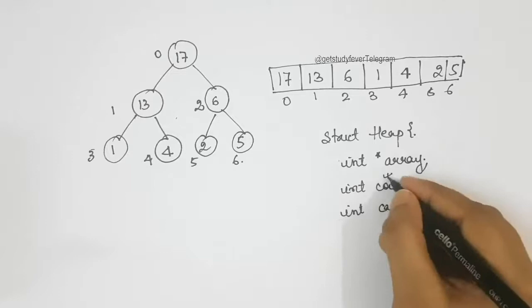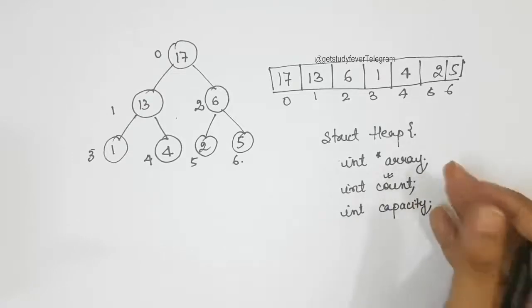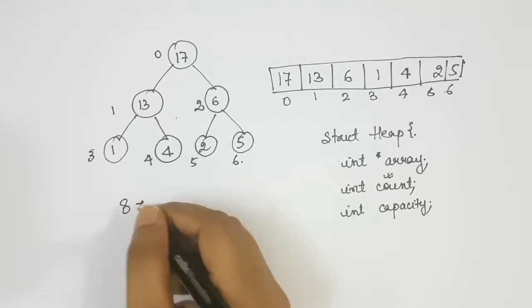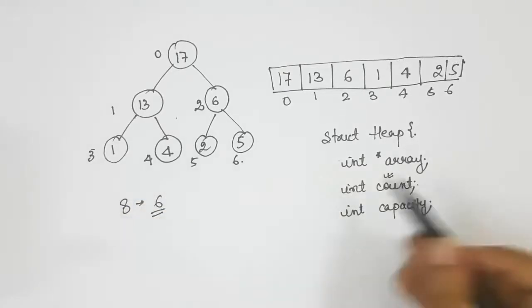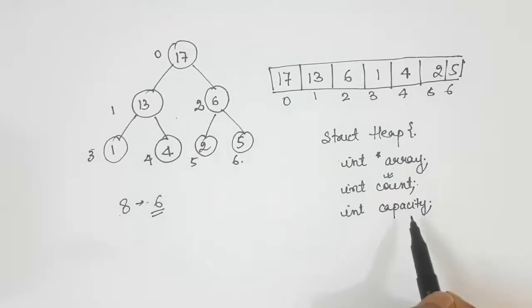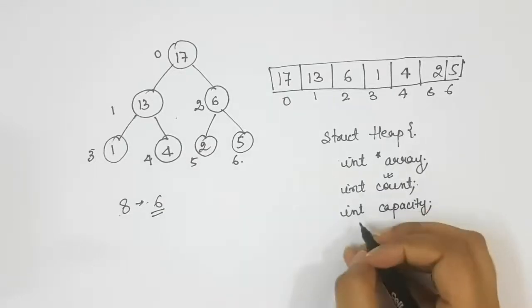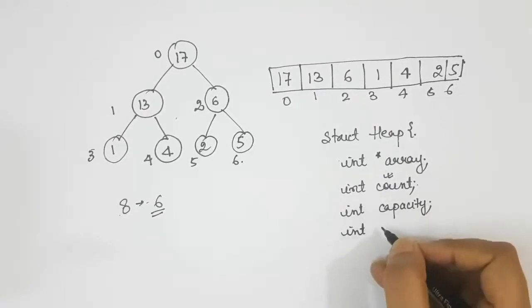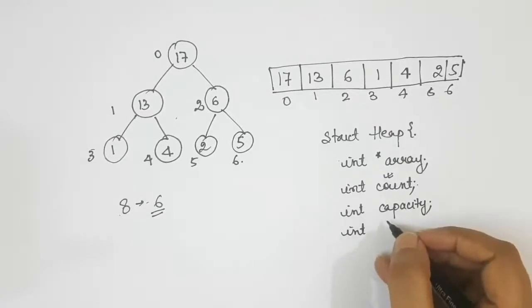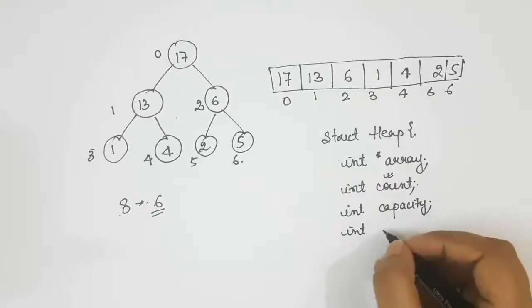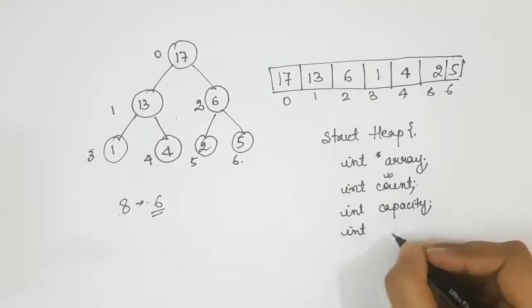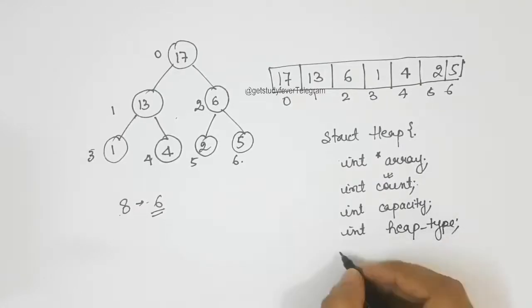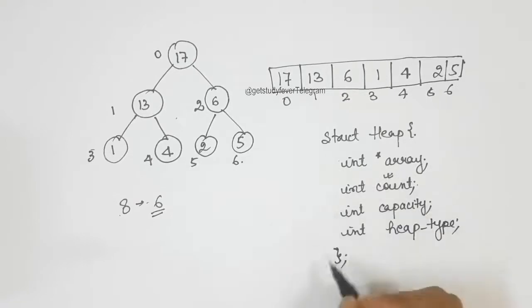Let's say the capacity is 8 and as of now I have 6 elements in the heap. So count contains 6 and capacity contains 8. And then we can also have the heap type. I can store this as 0 or 1: 0 for max or 1 for min, as is the convention. So this will be my structure for heap.